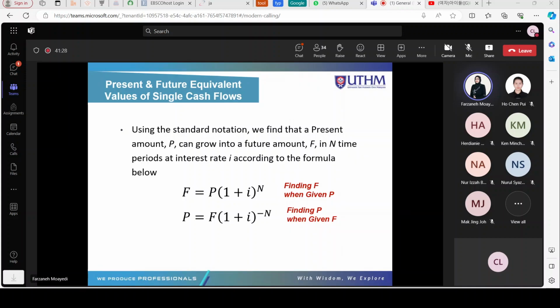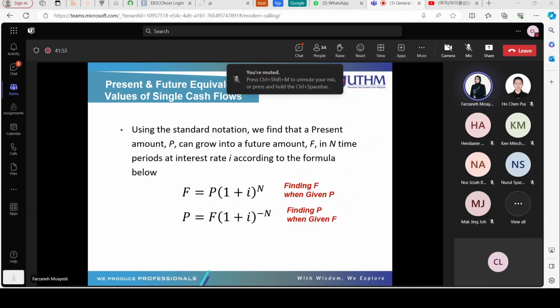The example I always give is that if you have 1,000 ringgit today, what you can do with it today is going to be different from what you can do with 1,000 ringgit next year.